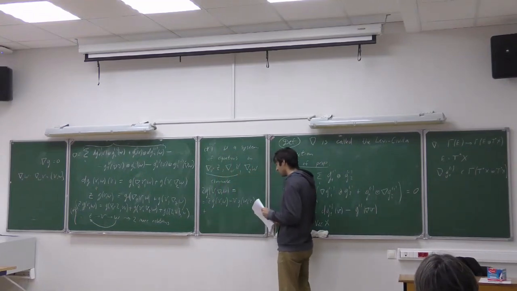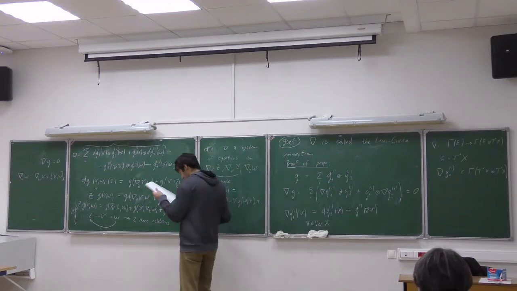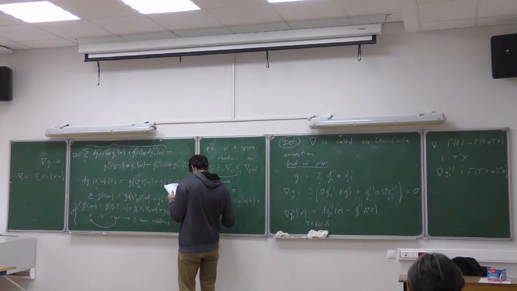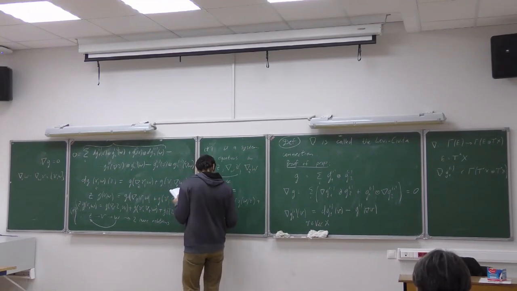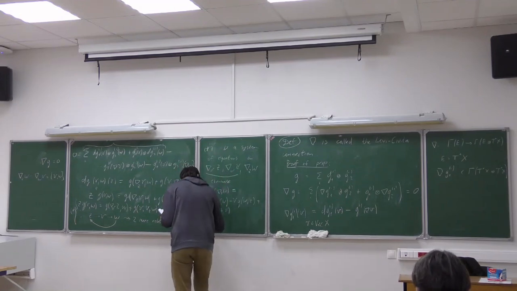So, okay. And so what we get is this: w g(z, v), and then three other terms. So plus g(z, v) w.